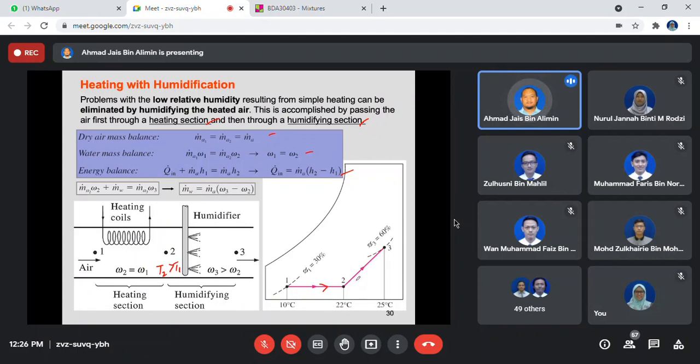And because you're still having the heating process ongoing, affecting the incoming air, it must go to the right. But since you have this device that adds the amount of water inside the system, the specific humidity will increase. So you need to sketch it upwards.